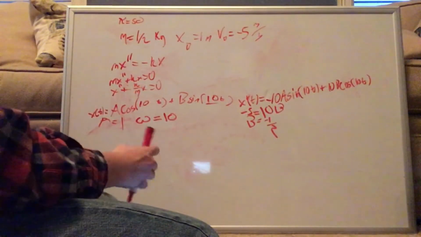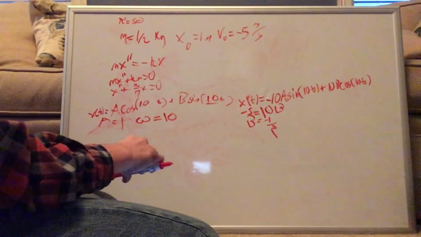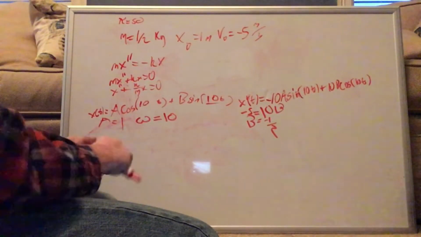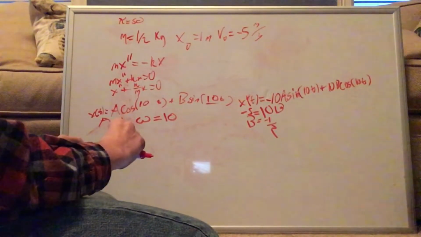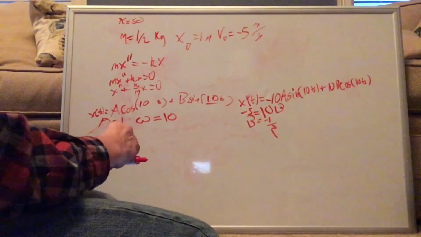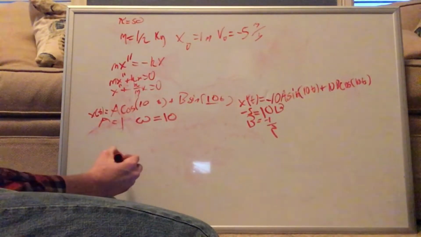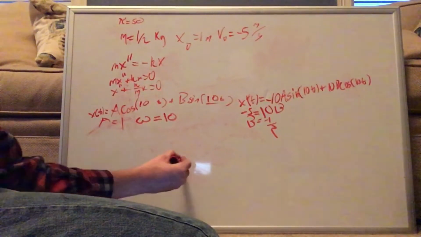The next thing we want is the amplitude. And the way that you get it, and I'm going to make an add-on at the very end explaining why it is this way, is you imagine a triangle, right? This is important information.